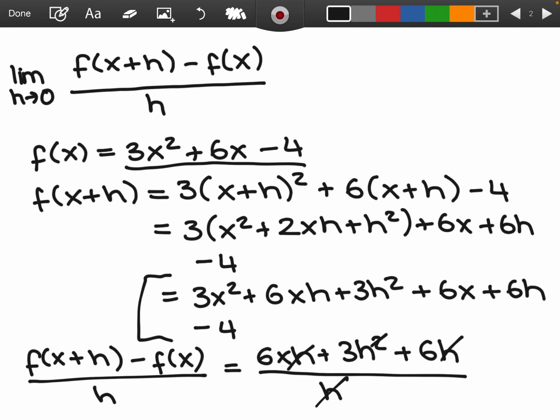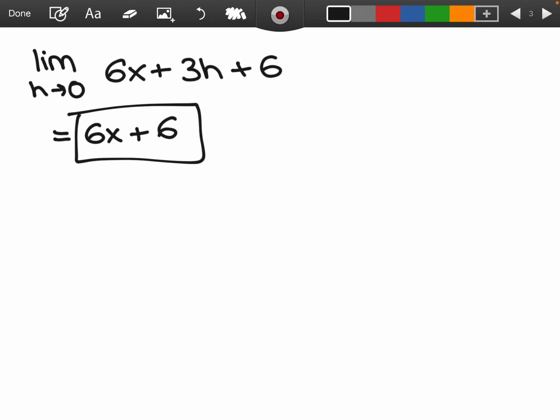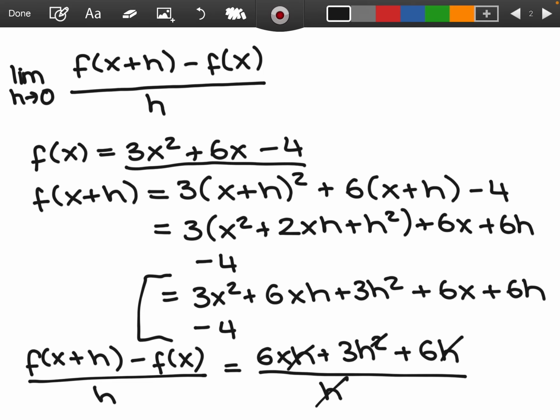Once we've simplified that, I'm going to have 6x plus 3h plus 6. So at this point, looking at the limit as h goes towards 0, I can just plug in h equal to 0, and I'm left with this expression here.